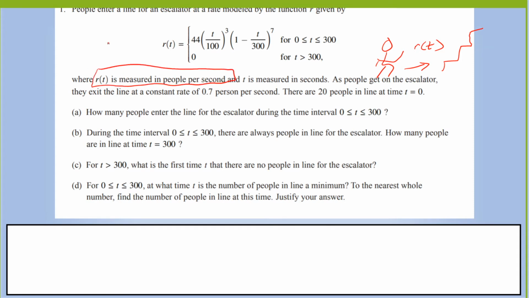So it's already a velocity. Okay, we were also given that people are exiting at a constant rate. So they're getting off the escalator at a rate of what I'm going to call L(t). How fast people are leaving is 0.7 people per second.